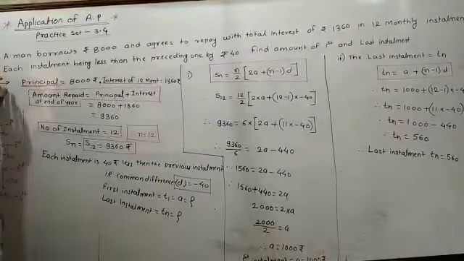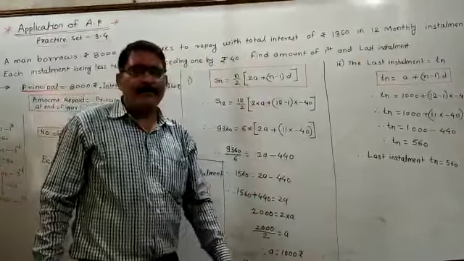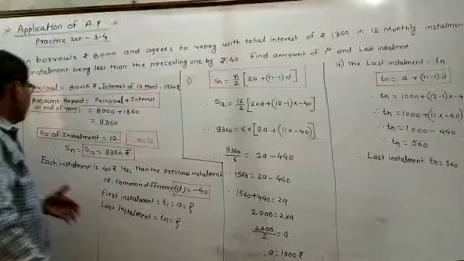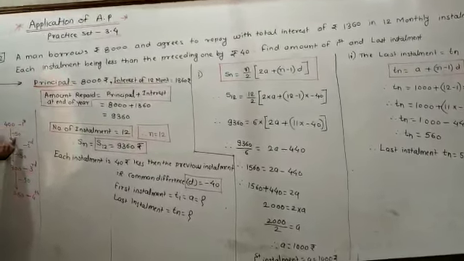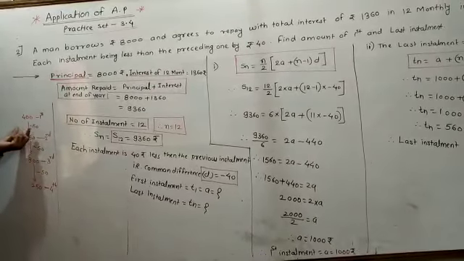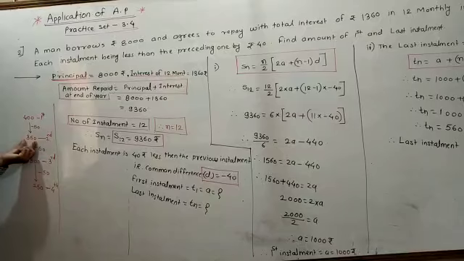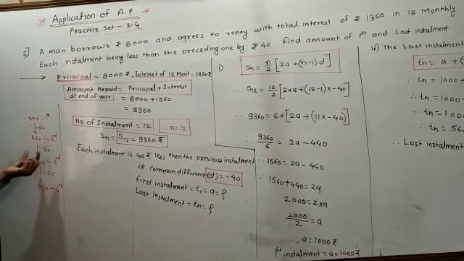Then the next condition is given: each installment being less than the preceding installment by 50. If the first installment is 400, what is the next installment? 50 rupees less than the previous installment. Means 400 minus 50 is equal to 350 rupees, the second installment.